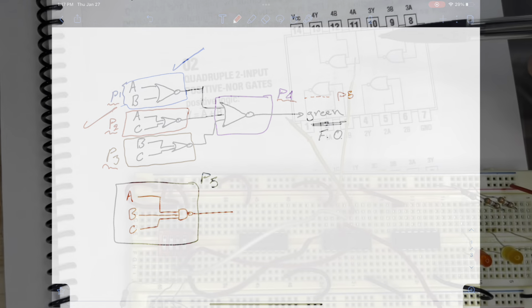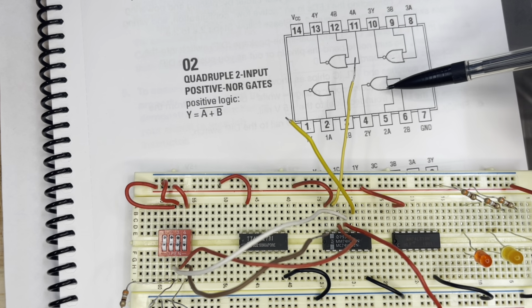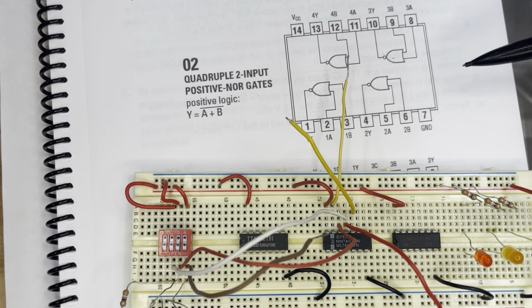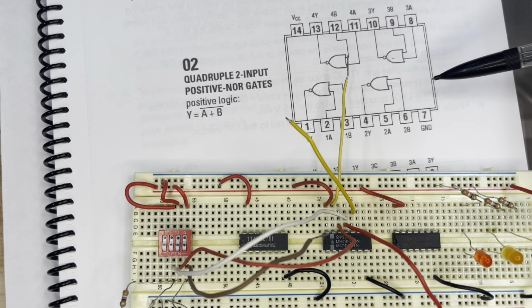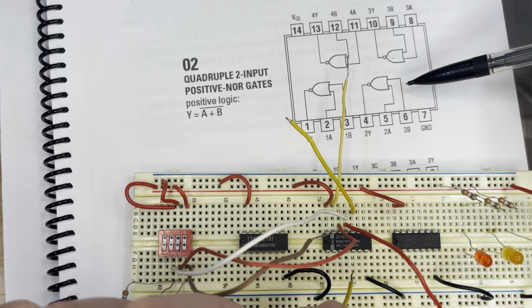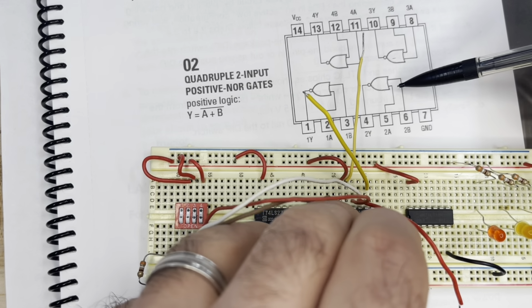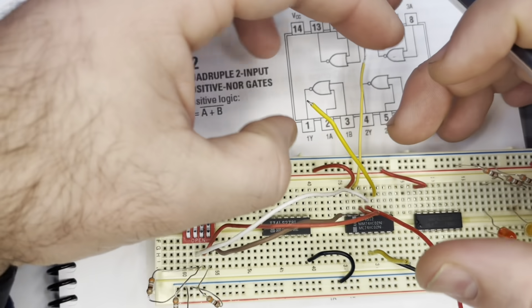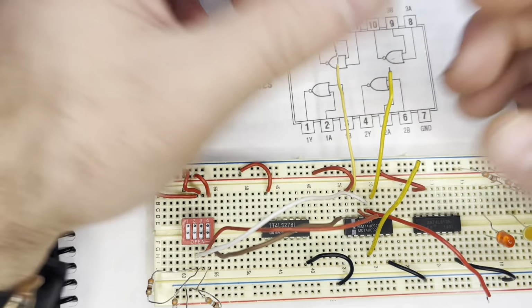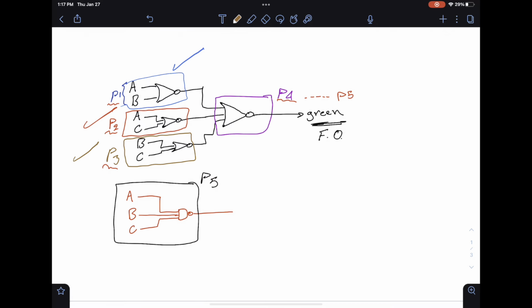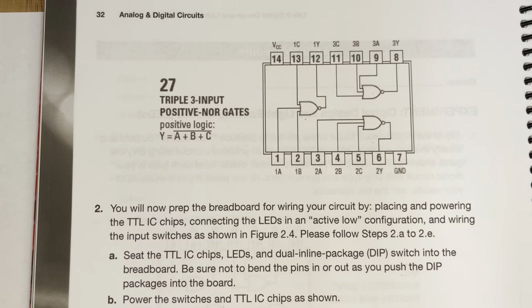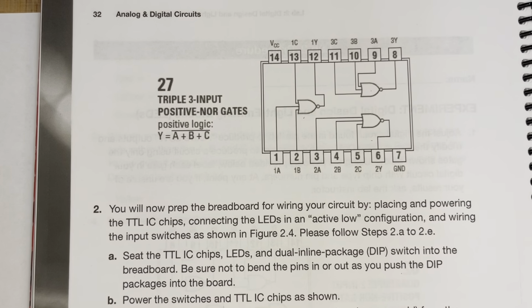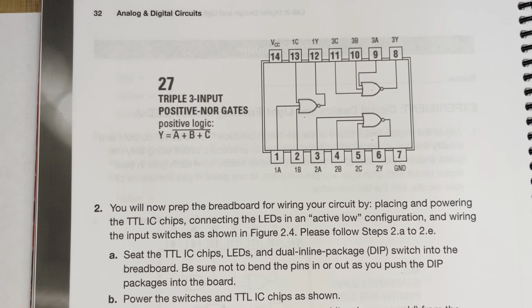Same thing I'm going to do for part 3. Now I cannot use the top two circuits, so I'm going to use this one. So pin number 4 is gonna be my output. Now these three outputs are gonna be inputs for the next circuit. Here I'm checking part 3 done. For part 4 we need a NOR gate with 3 inputs.